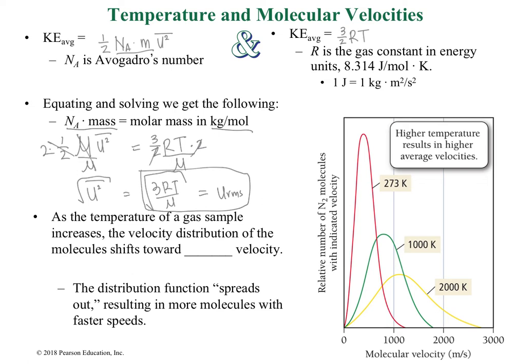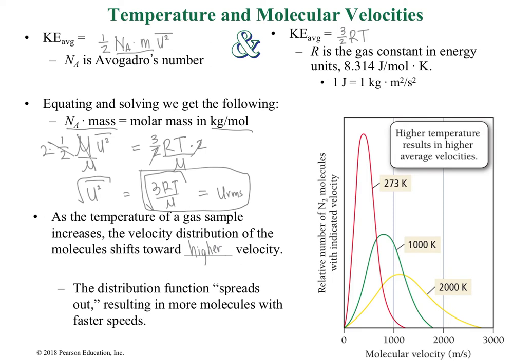So as I increase the molar mass, I lower the velocity. That's one way we can look at it. If I increase the temperature, I increase the velocity as well. So as the temperature goes up, they're going to shift towards higher velocities. Again, they're going to spread out because we have the same number of molecules.